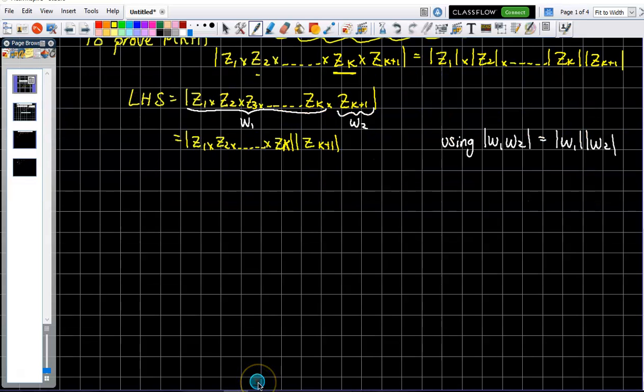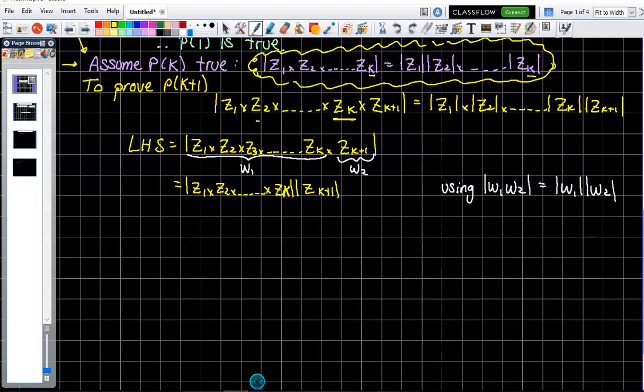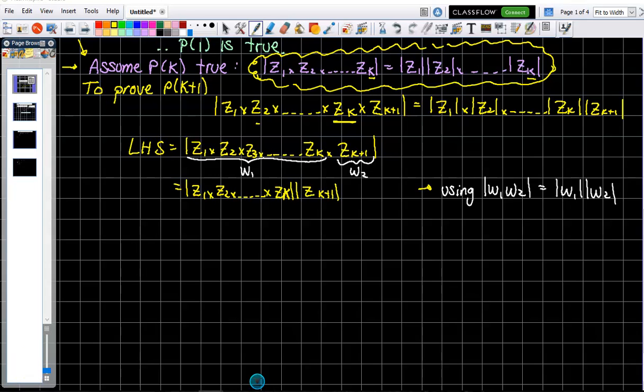Can we see that up the back? Using Z1, Z2 to the Zk, yep. And what are we saying that equals? Well, that equals the separate bits there. So now that becomes Z1 times Z2 all the way up to Zk, that's that bit.